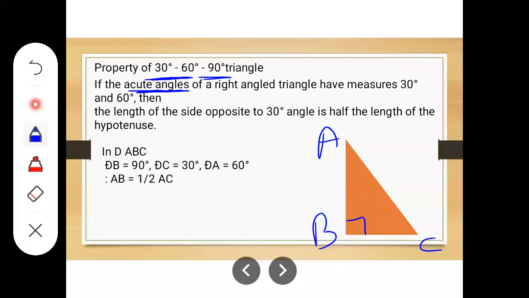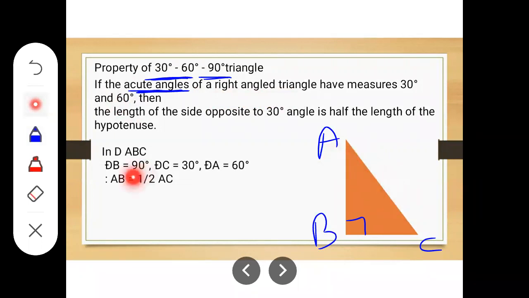Now what is the statement? The statement is that if the acute angles of a right angle triangle measure 30 degrees and 60 degrees, those are the two acute angles.